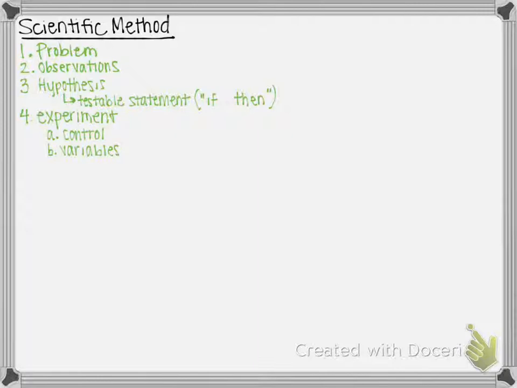So the control in an experiment is the thing that is not changed at all. All right, so the control is not changed during the experiment.